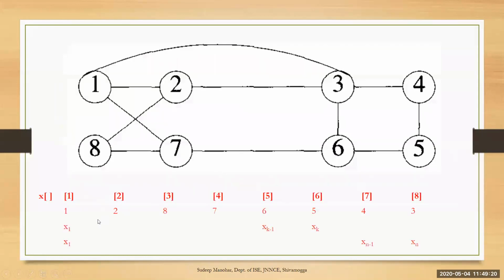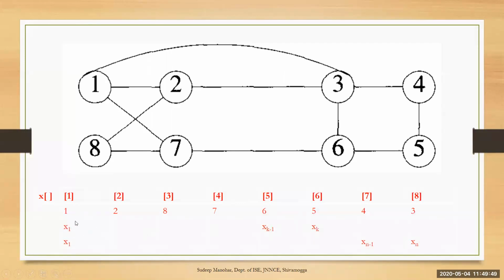For example, if you consider x1 as the starting one and this is xk minus 1, that means you have identified five vertices to be in the cycle. Then next you are supposed to identify the next possible vertex for k equal to 6. So which is the sixth vertex you are supposed to find. That is what happens in every step.